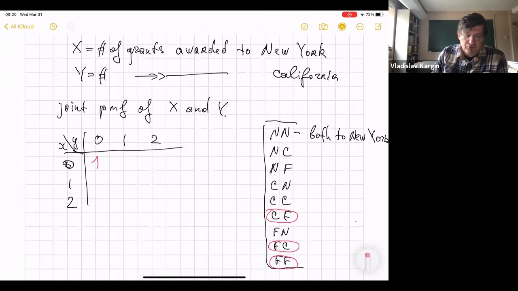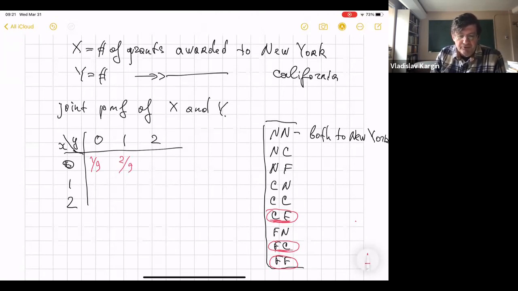Also, here we should have a probability, so this should be not 1 but 1 divided by the total number, 1 divided by 9. The total number of possibilities is 9, and they're all equally probable. So here it will be 2 divided by 9, for California-Florida and Florida-California.